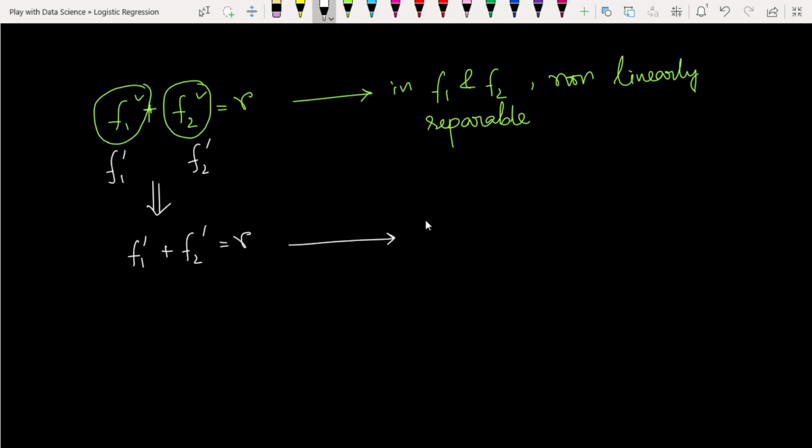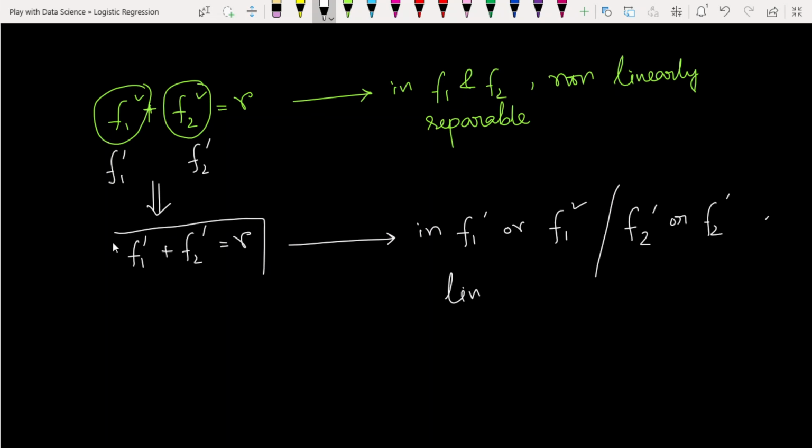And you can easily see that in f1 dash and f2 dash, or f1 square and f2 square, it is linearly separable, because this is a linear equation, but the original one is not a linear equation. This is the kind of creativity you have to use.